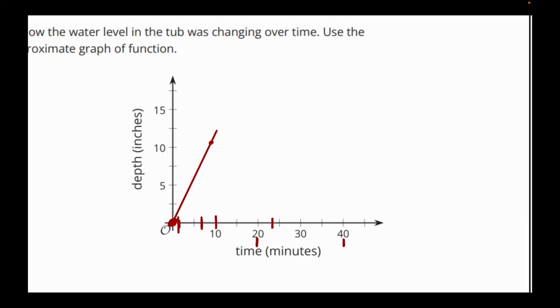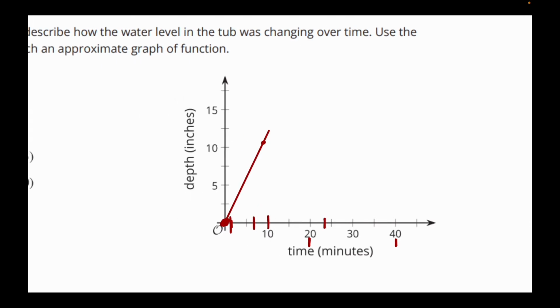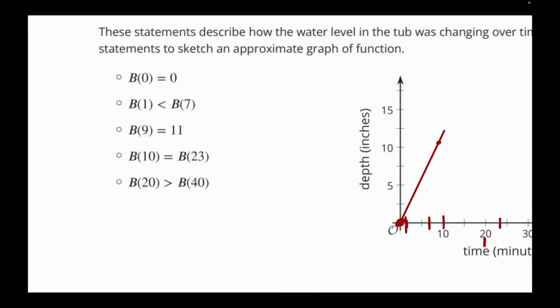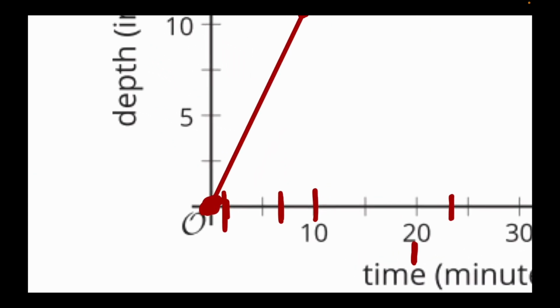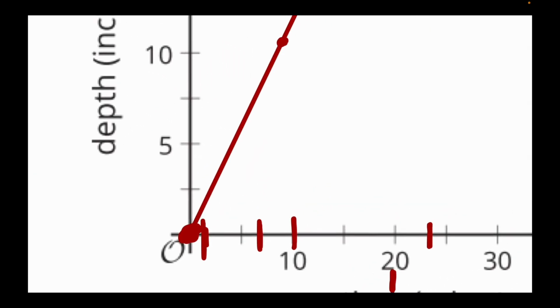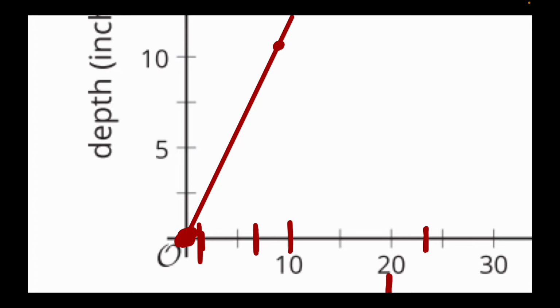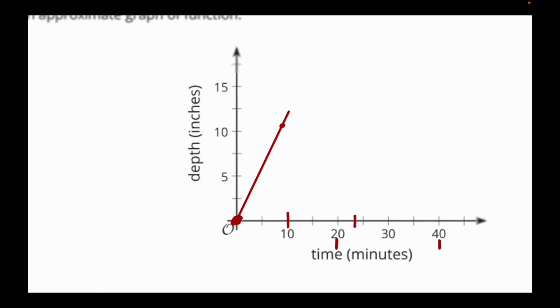I'm going to make just a flat line. Now, I do need to make sure that at 1 minute it was less than at 7 minutes. And because I am increasing at a positive, constant rate here, 1 minute is going to be less than 7 minutes. So we're good on that one. I'm going to erase those marks because I just took care of them and made sure those were accurate.